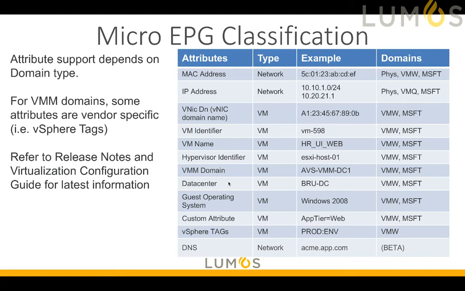Now this list will grow exponentially more when you're doing VMM domain, right? If I have a VMM domain, I can now match on the VM names, identifiers, things like that. If I'm doing more physical, bare metal, I'm kind of restricted more to IP and MAC type of filtration. However, it's still some type of attribute base you can apply. Okay, so a lot of functionality here. You can really get granular with the type of attributes you want to apply.